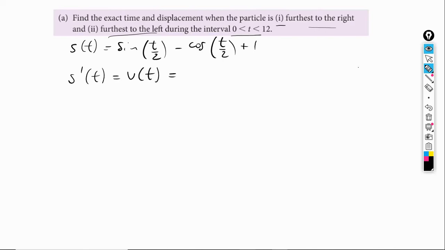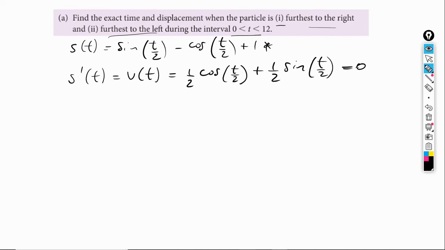And that is going to equal 1/2 cosine of t halves plus 1/2 sine of t halves. I'm doing the derivative of this, so I get that. Then we need to set this equal to 0 to find the maximum or the minimum.